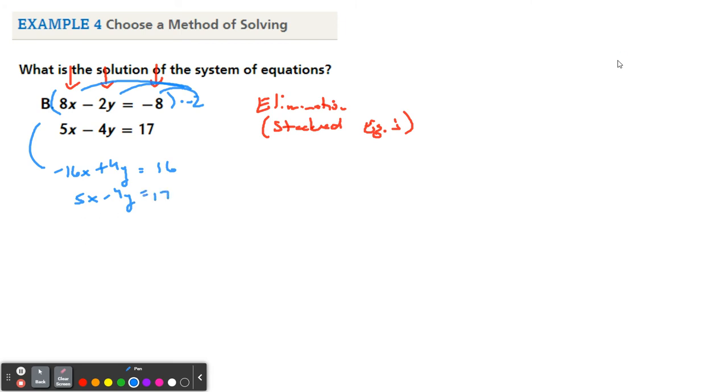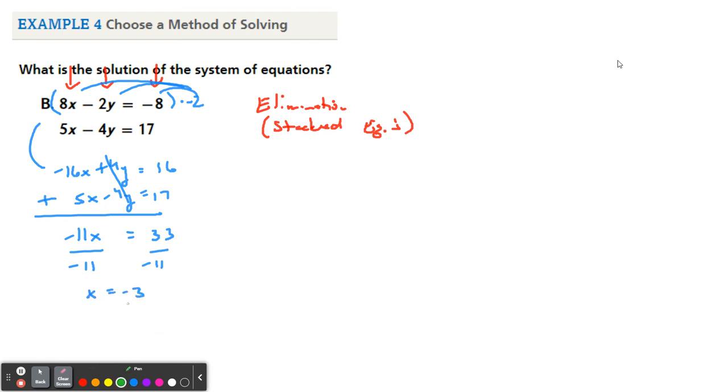And now you notice that the y's are the same number, but one's positive, one's negative. So put a big old plus sign and let's add these together. Negative 16 and 5 is negative 11x. The 4y's cancel. 16 and 17 is 33. Divide by negative 11, and x is negative 3.